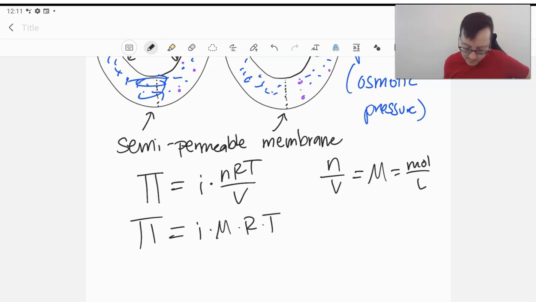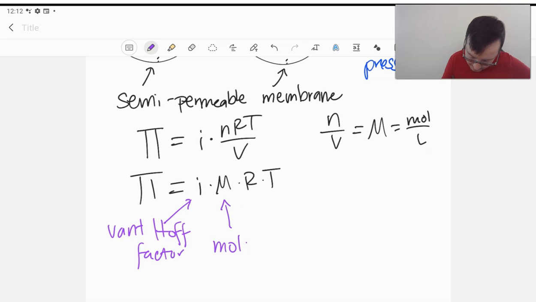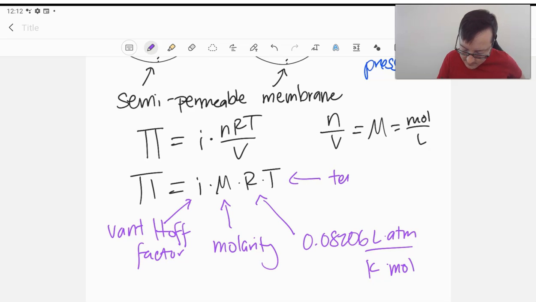So our osmotic pressure, which is capital Pi, is the Van 't Hoff factor, we have the molarity of the solution, we have 0.08206 liter atmosphere per Kelvin mole, our favorite number from Gen Chem 1. And then we, of course, have the temp in Kelvin.